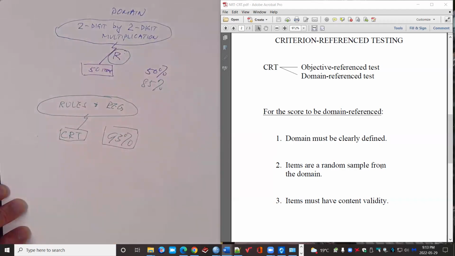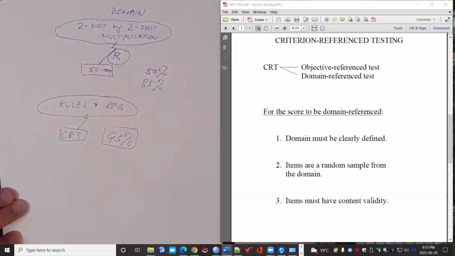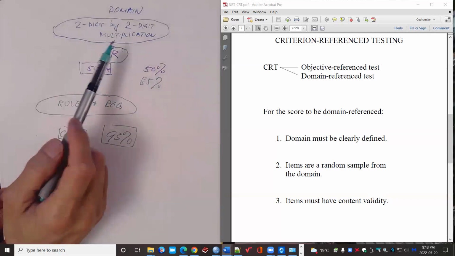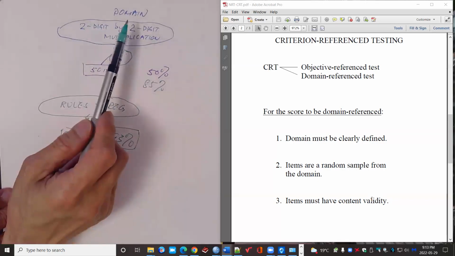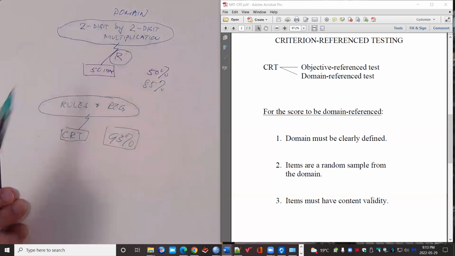Random sample. Now, the random sample does not guarantee a representative sample, but the likelihood is good. And finally, items must have content validity. That means all the test items are measuring what the domain is, or what the total test purpose is to measure.